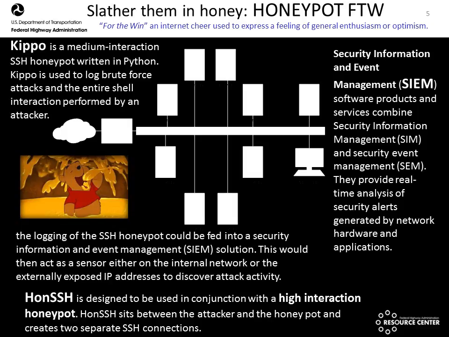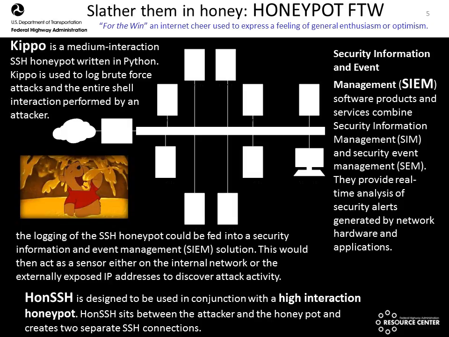Kippo is a medium interaction SSH honeypot written in the software language called Python. Kippo is used to log brute force attacks and the entire shell interaction performed by an attacker. Security information and event management software, products, and services combine security information management and security event management.